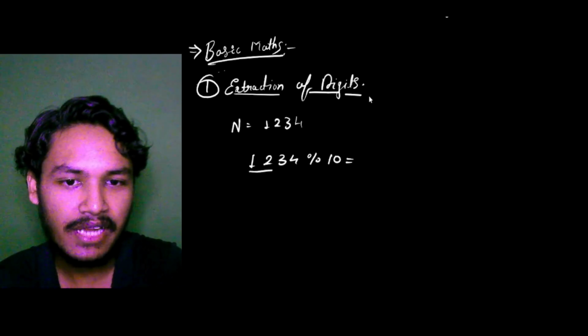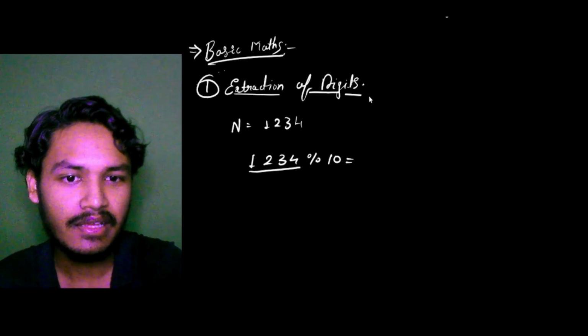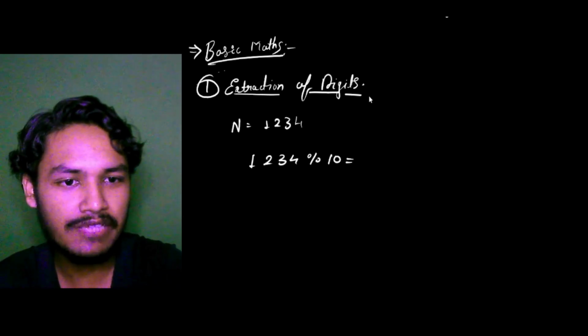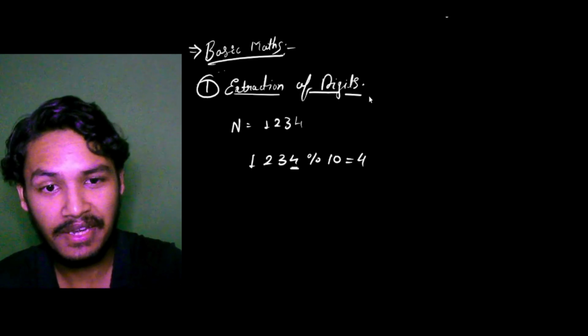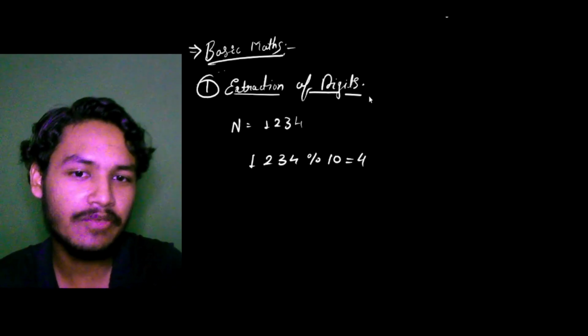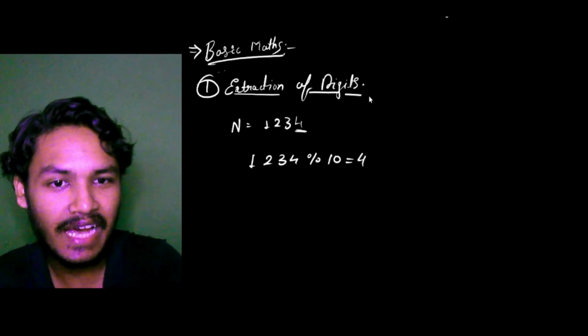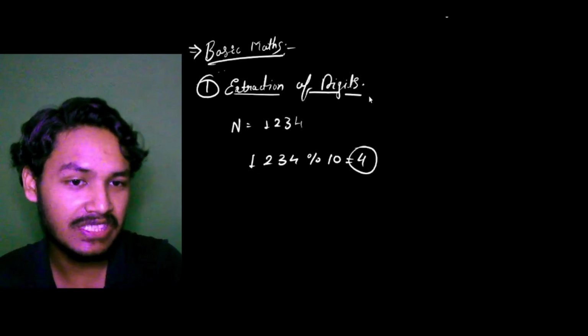It will divide this complete number by 10 and give me the remainder, and the remainder will be 4. As you can see here, the last digit will be the remainder and it will give me 4. So in this way we have extracted the last digit by taking modulus of this number by 10. We are getting the last digit.